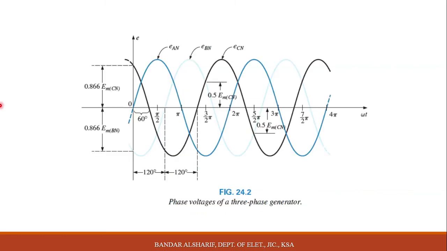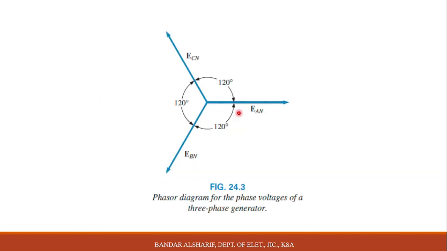For example, if our sinusoidal waveform starts from 20, not from 0, this means EBN will start from 140, not 120, and ECN will start from 260. Similarly here, for example, EAN starts from 20 degrees, ECN will be here at 140, and EBN will be at 260.